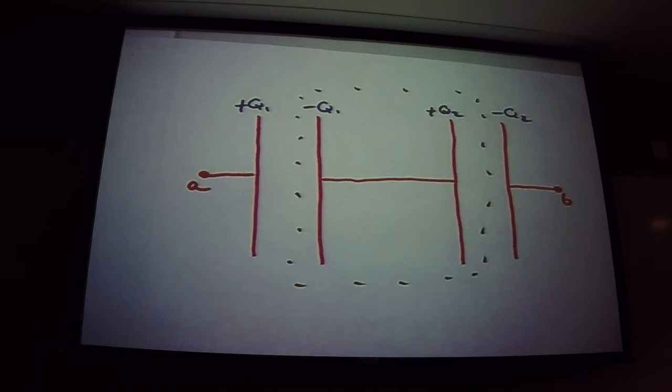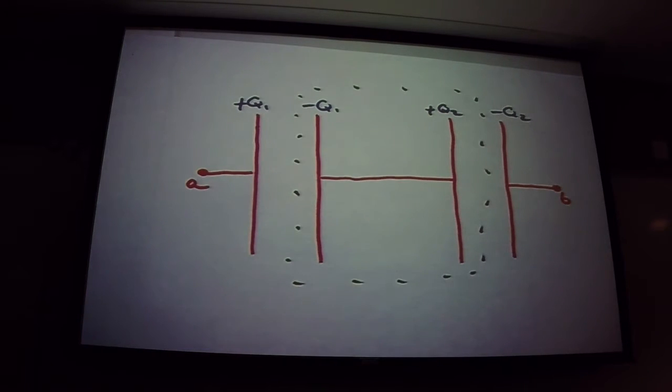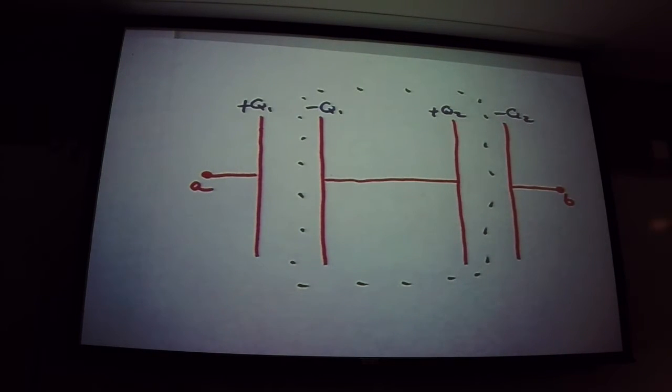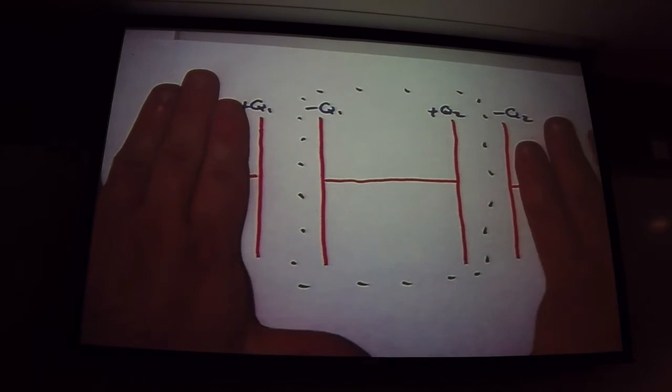It can't get an extra charge. So the net charge on the H after the battery is connected must be 0. It can't get charges from anywhere. It's not connected to anything. This plate and this plate are, but this is not.